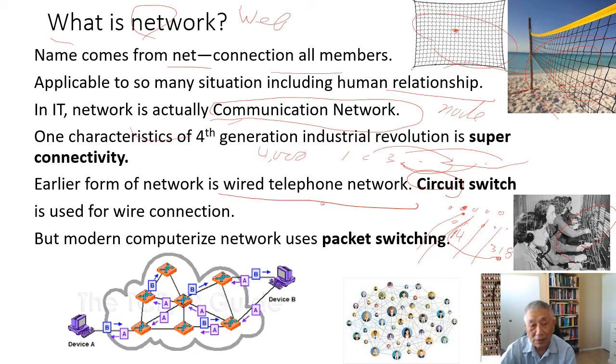In a sense, a simple diagram of person 1, person 2, or person 14 and 318, somehow their line is connected. That's called circuit switching, and they use the wire connection. It's more like a direct current going together with a connection made.